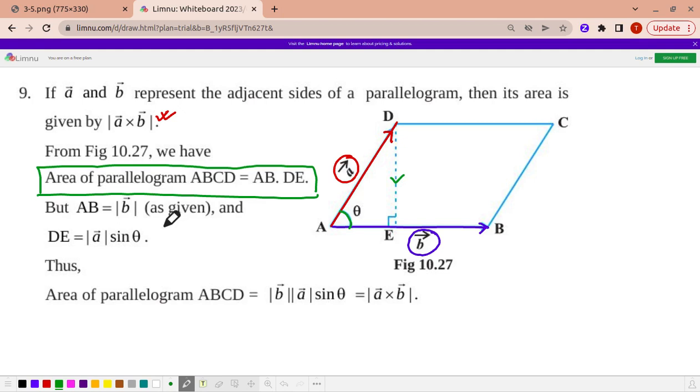So, mod AB is nothing but the modulus of the vector B, that is already given. And what is DE? We can find DE is equal to mod A sin theta, the same logic whatever I have explained in the case of a triangle.